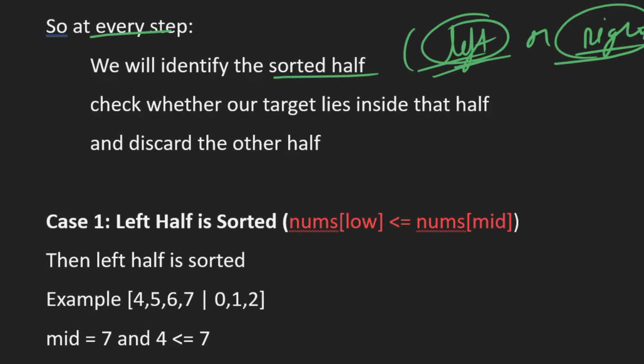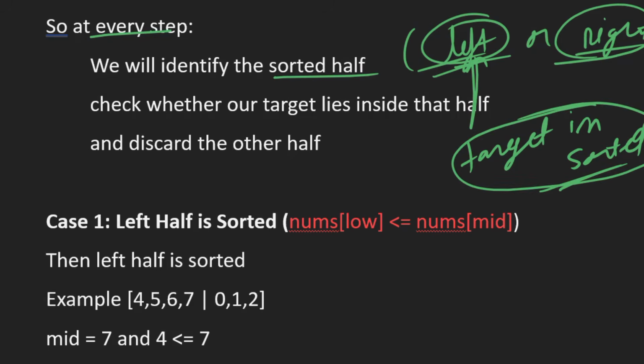Then in the next step, we'll try to find our target in the sorted half, whether our target lies in the sorted half or not. If the target doesn't lie in the sorted half, then we discard the sorted half and take the non-sorted half. If the target lies in the sorted half, then we discard the non-sorted half. So we discard the other half in which our target is not present.